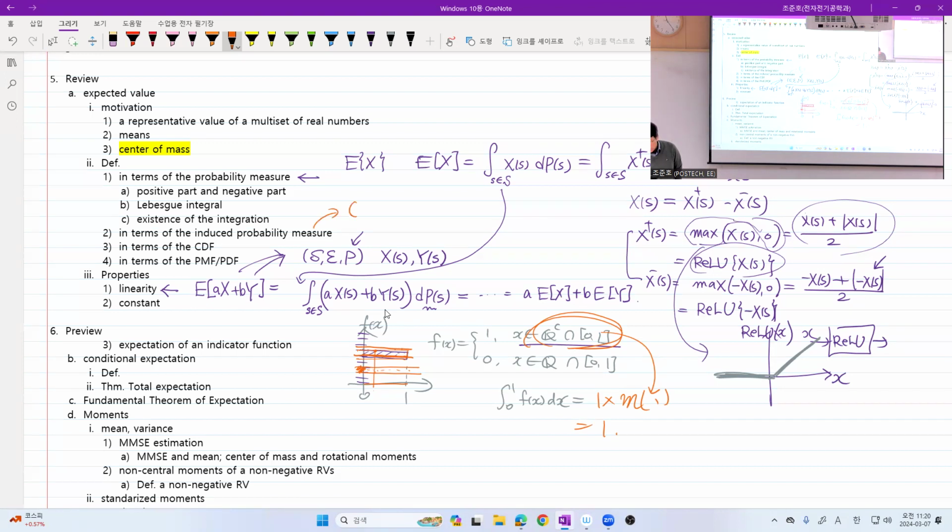So here, let's use R, the Borel sigma field, and Px, the induced probability measure. Now, definitely, the expected value must be rewritten in terms of this induced probability measure, and we can easily show that this is, sorry, x.